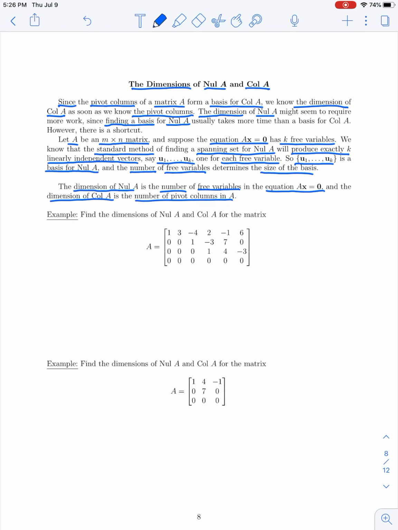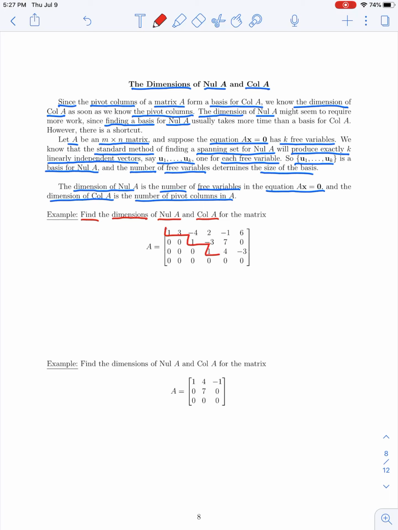So in this first example, we are asked to find the dimensions for the null space of the given matrix and the column space. So let's start with our column space. We can see that this matrix A is already in row echelon form, so we can determine the number of pivot columns.